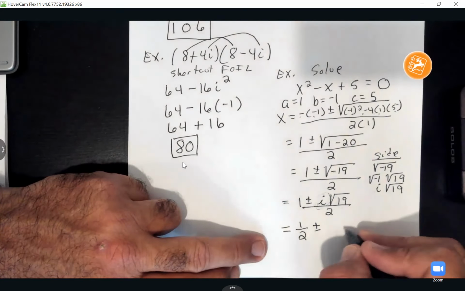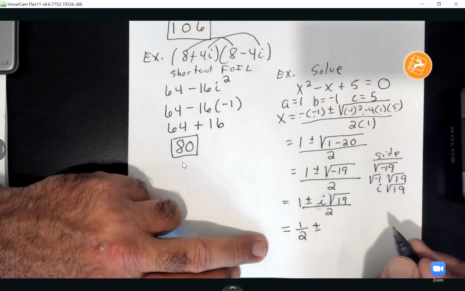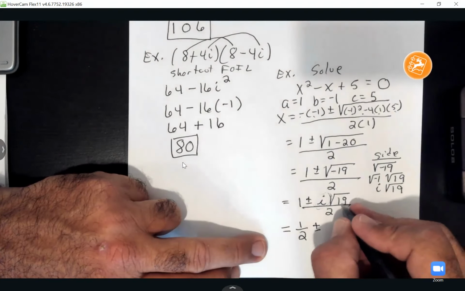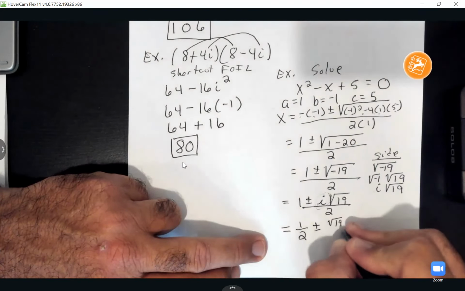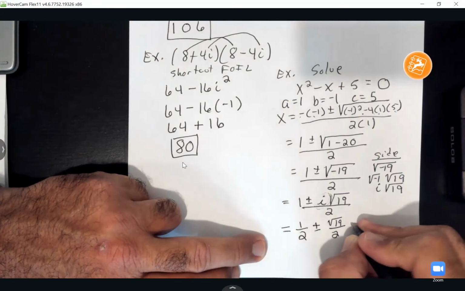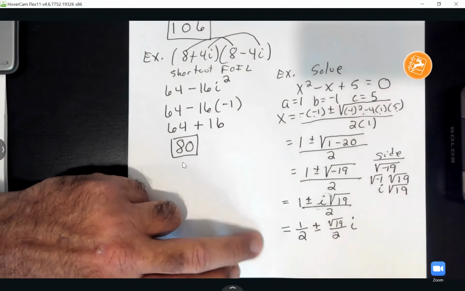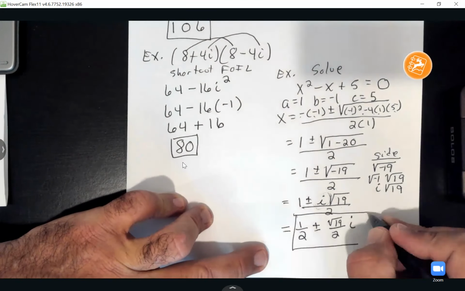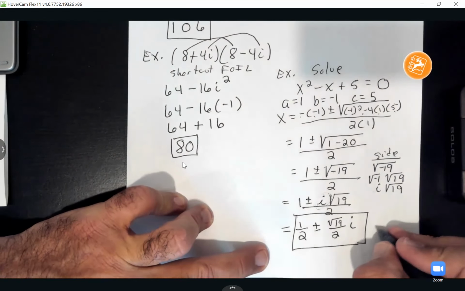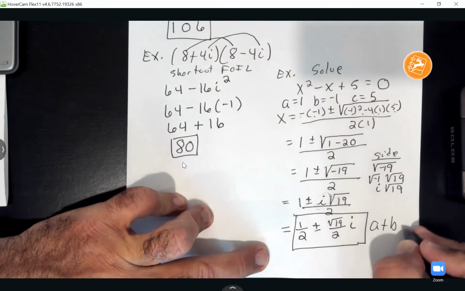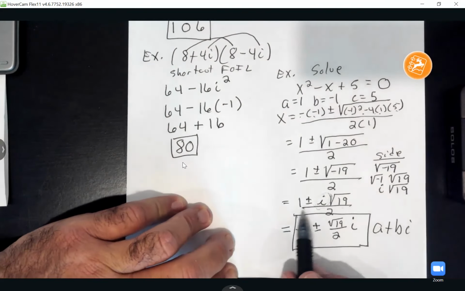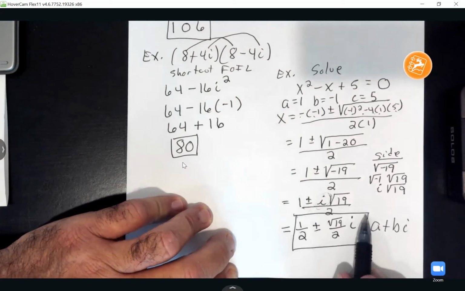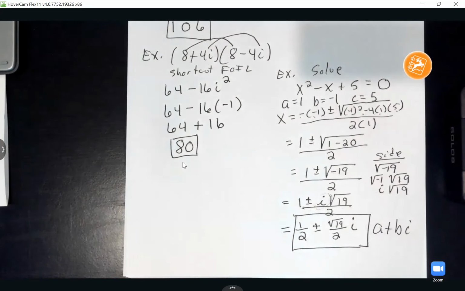You can do i square root of 19 over 2. It'll take that. But usually I'll do the square root of 19 over my 2, and then out to the side, I put my i. That way it looks like, because remember, they're putting it into this a plus bi form. So the real number is the 1/2, and then the imaginary number, okay?